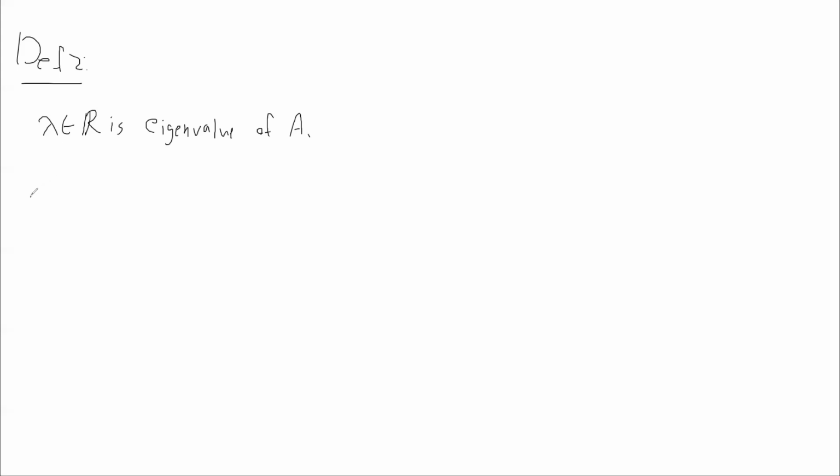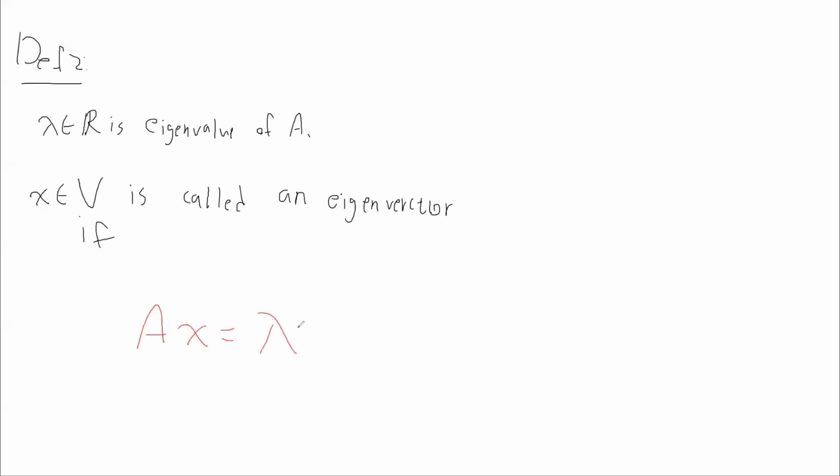In this case, our eigenvector x is called an eigenvector if that equation is true, if Ax is equal to lambda x. So that is the definition for eigenvalue and eigenvector.